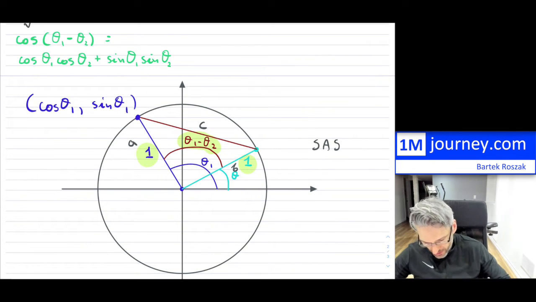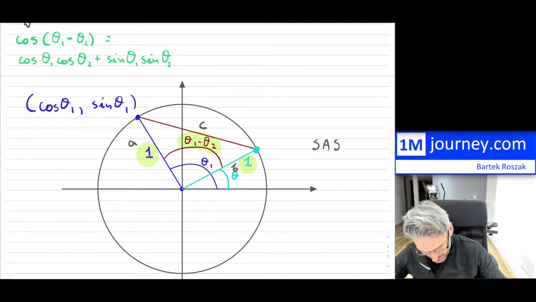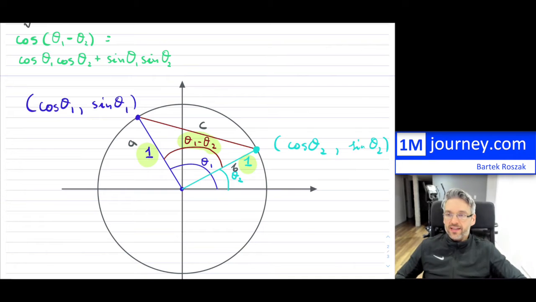So that's that point. And then the other point, which is this point, I also know that. And that is equal to cos of theta 2, and then sine of theta 2. So that is just understanding that on the unit circle, the x values are cos of the angle, and the y values are sine of the angle.